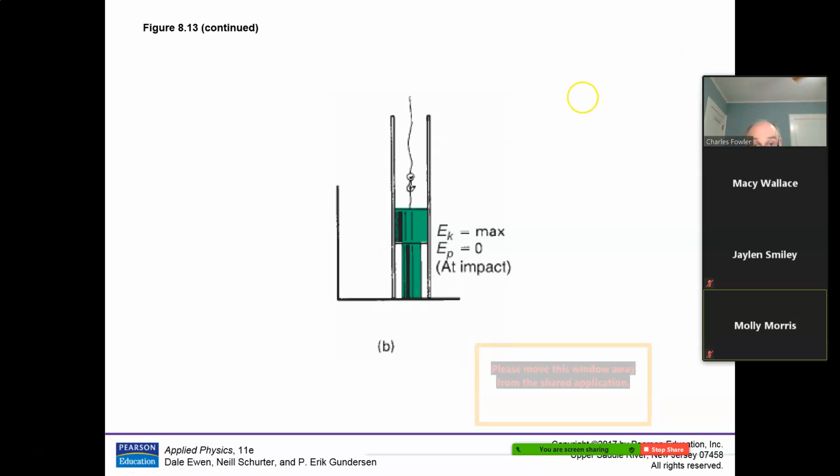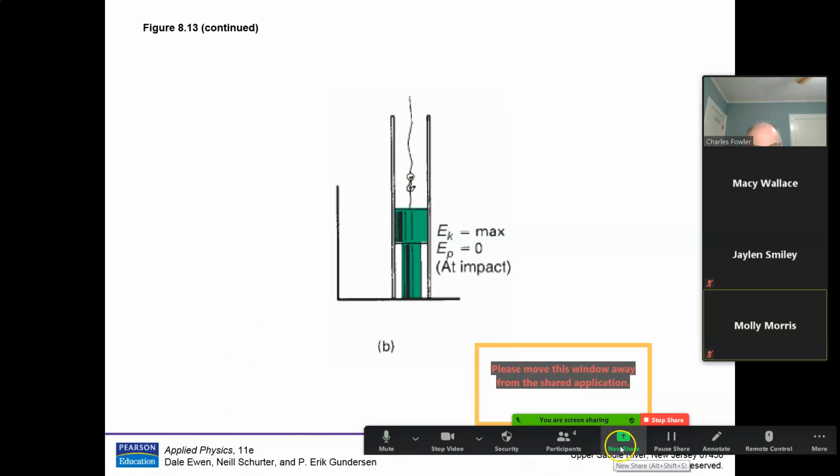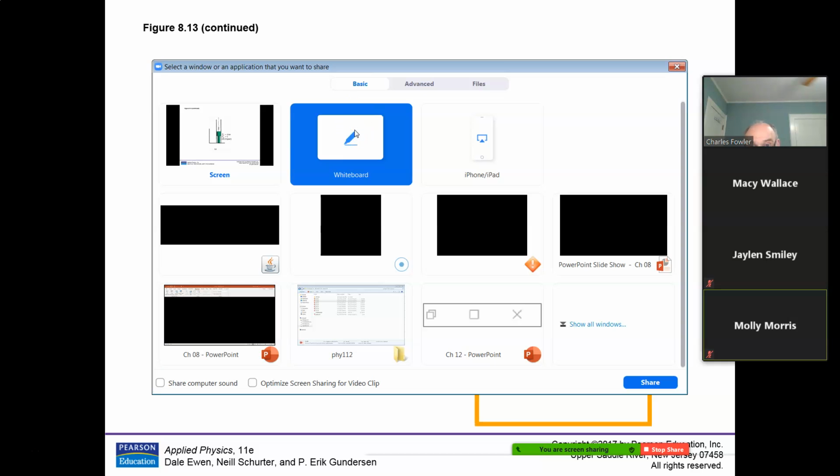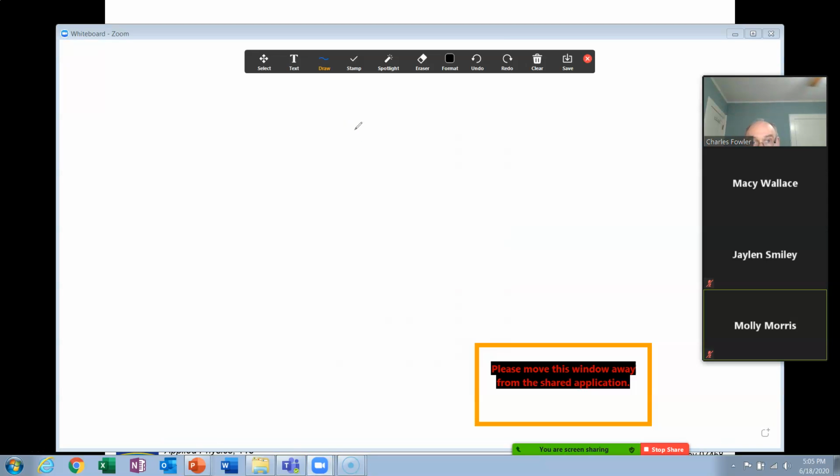So, let me go to the whiteboard, and we will move from there. Okay, here's the whiteboard. Now, I need to move this toolbar, taskbar, whatever you call it, out of the way.